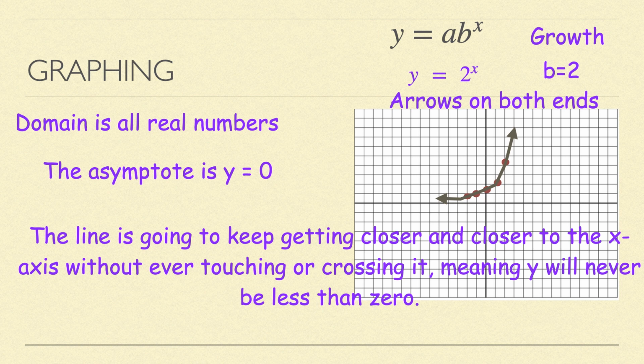That means that my range has to be greater than 0, because it can't be greater than or equal to 0, because my line is never going to be below 0. It's going to keep getting closer and closer to 0 but never touching it. So the range is greater than 0.